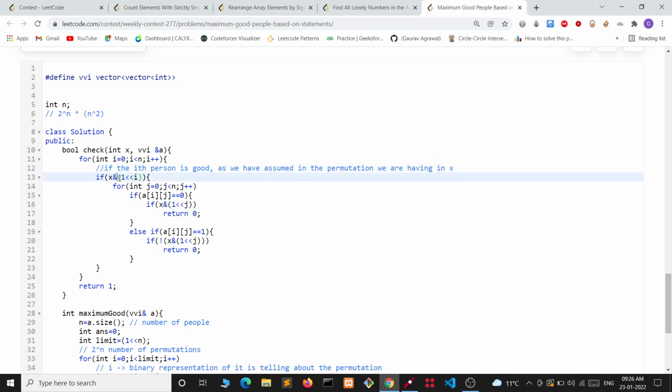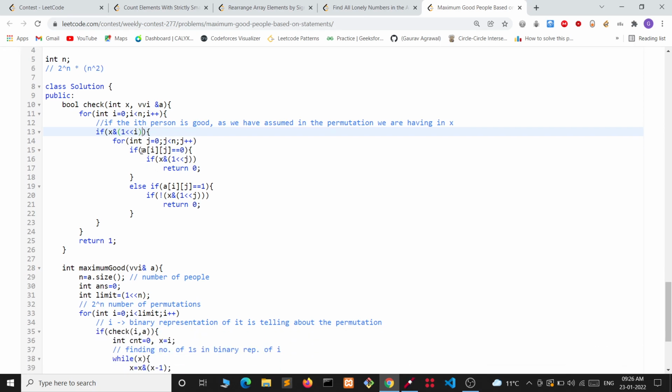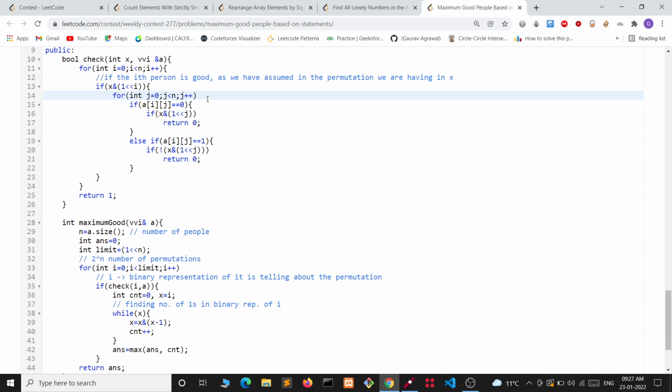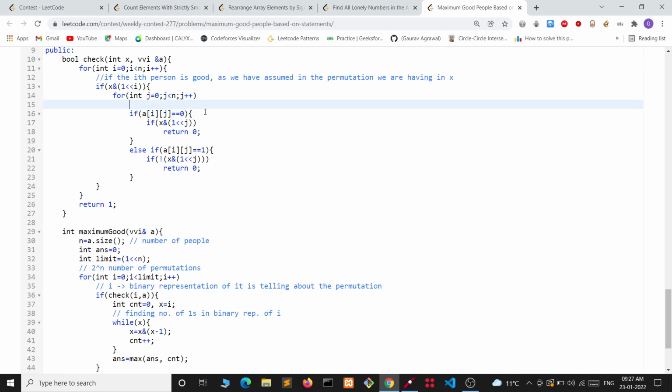So x and 2 to the power i must be non-zero. This means that the ith person we have assumed to be good. Now we are checking what he has said about all the jth persons. If aij equals 0, we know that the ith person always says the truth, and aij equal to 0 means the jth person is bad.